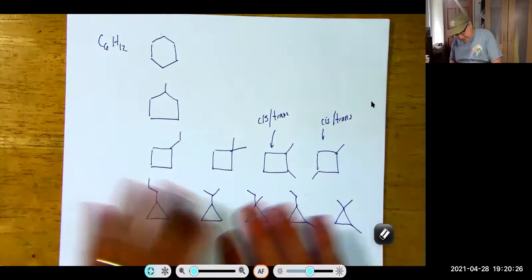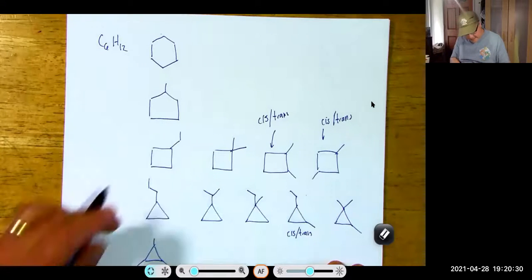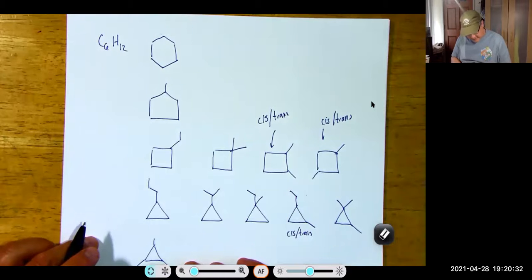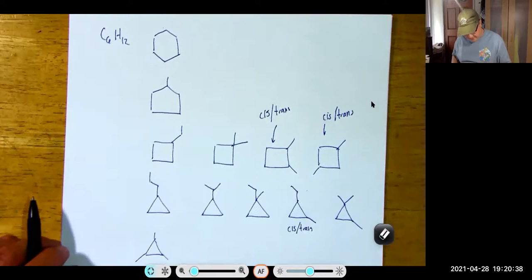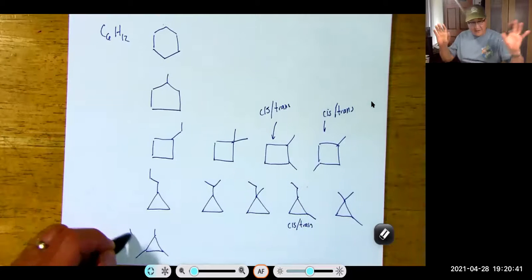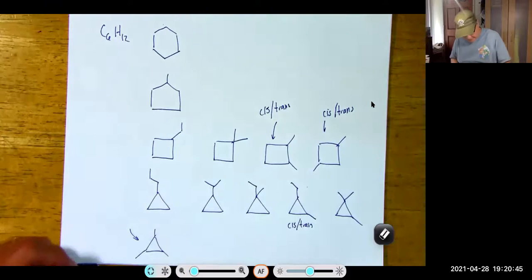And out of all of these, this can have a cis trans. And this one can have what's kind of like a cis trans also. Only this one's all messed up. I'm not even going to talk about it for the moment. But actually, I will. There's like 3 of these.